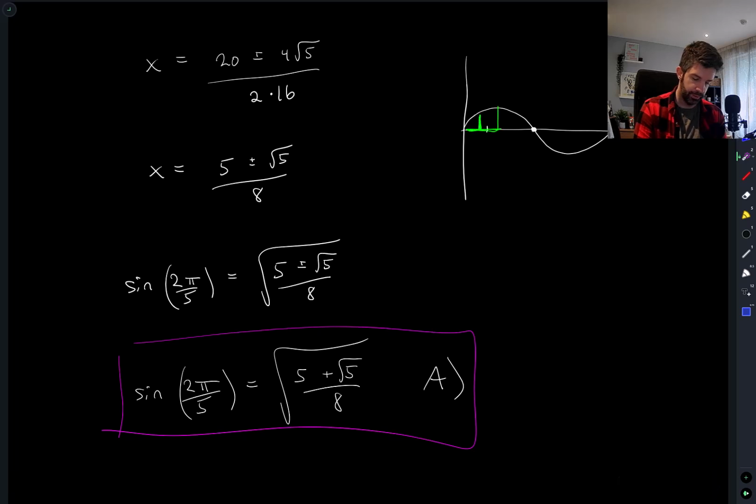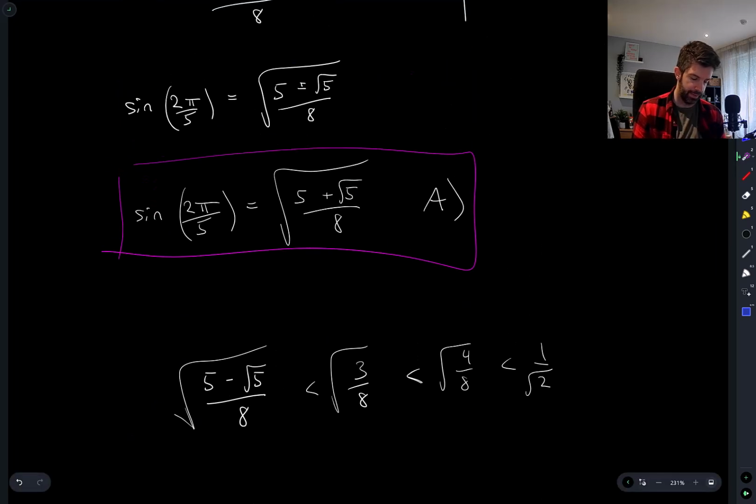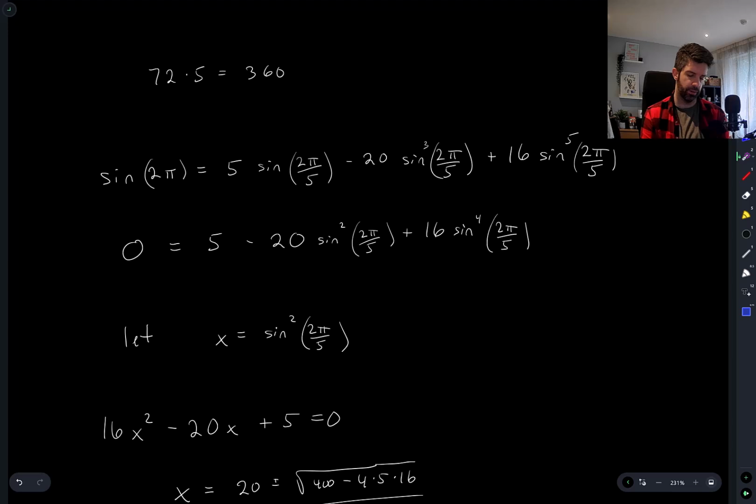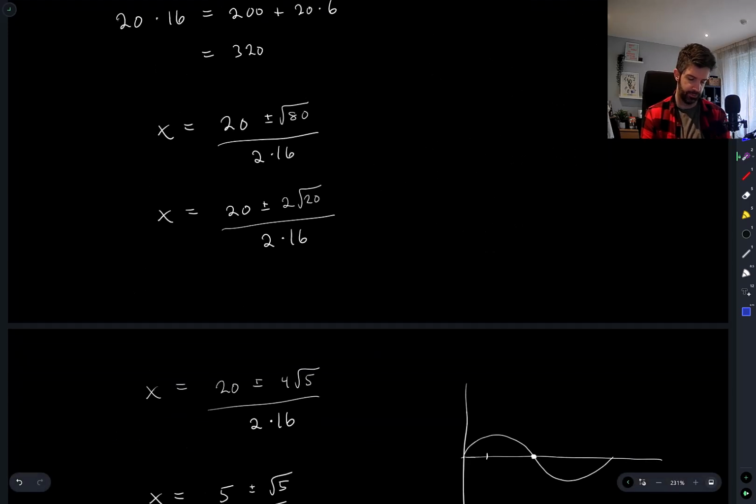So that's like there. By that comparison, that's sine of pi over 4. Because of that, I know that sine of 2 pi over 5 has to be greater than this, so I know I'm taking the plus sign. But why are we eliminating the negative root? At which point in this?